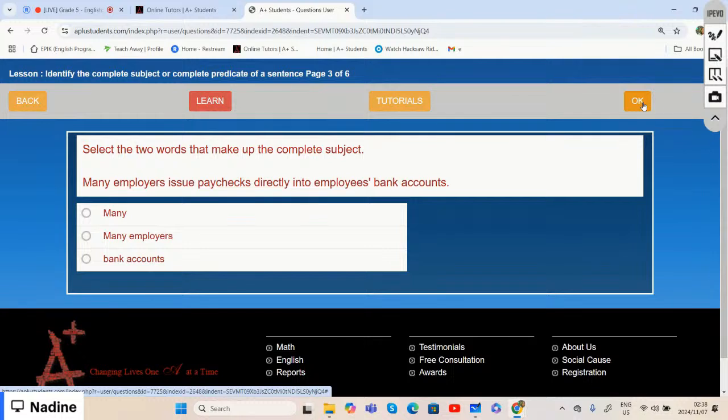Is it option one, many, or option two, many employers, or option three, bank accounts? We need to select the subject within that sentence.